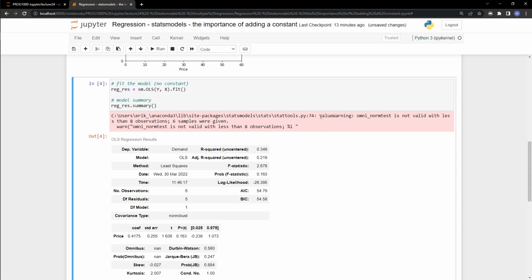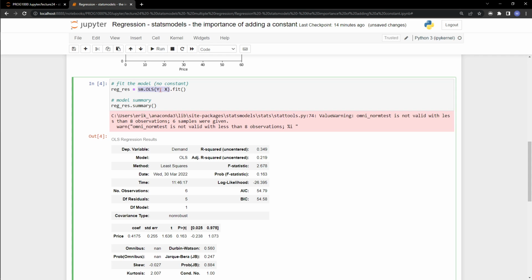No need to worry about the value warning. We just do not have enough observations for all the normality tests. And here we are defining our model as y equals to x.